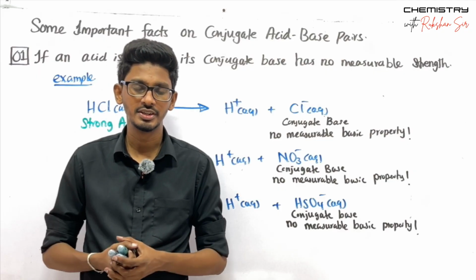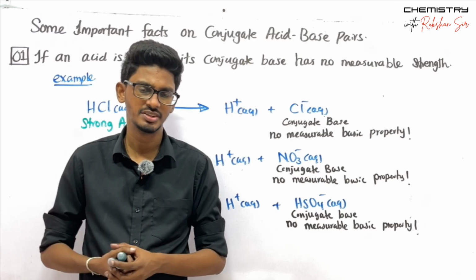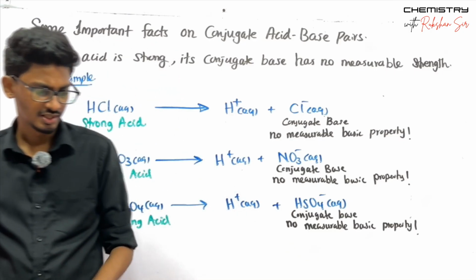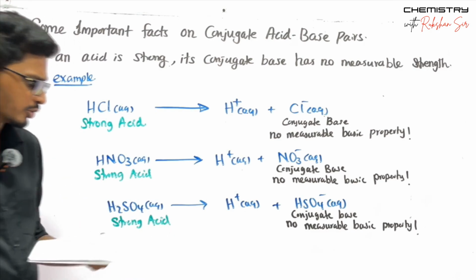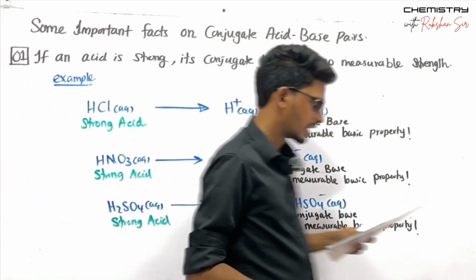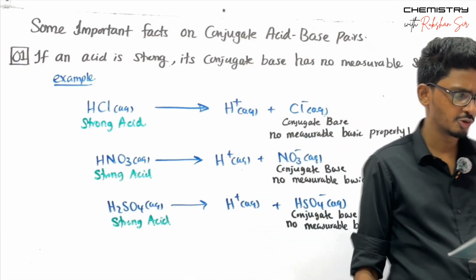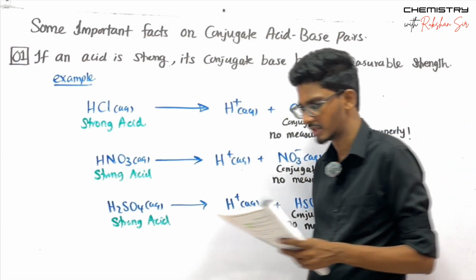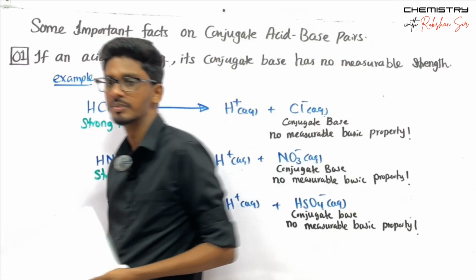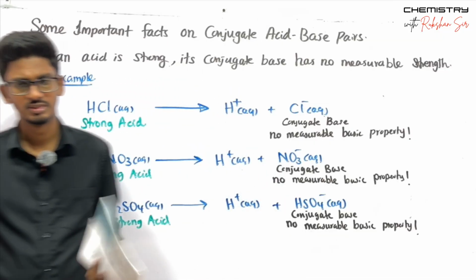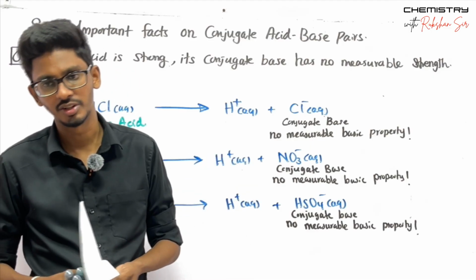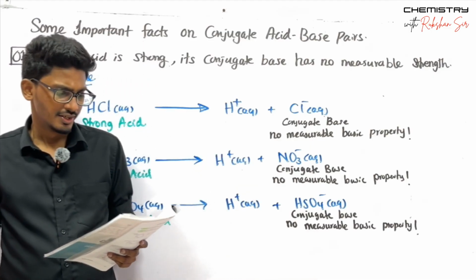They have no measurable basic property. For example, the Cl minus ion, which is the conjugate base of the strong acid HCl, is an extremely weak base. Extremely weak means the basic nature is not considered.